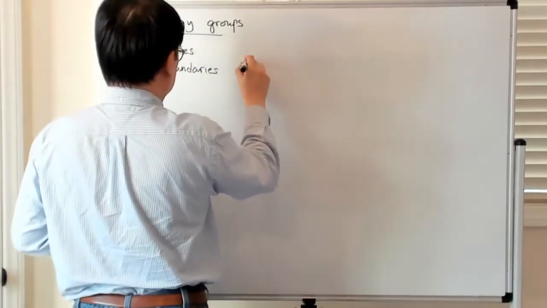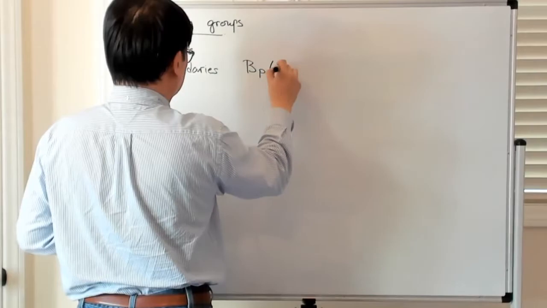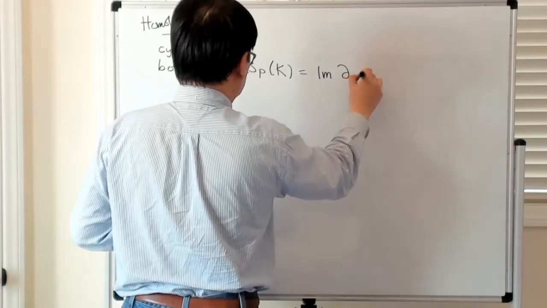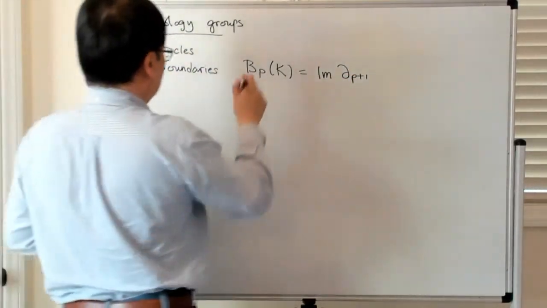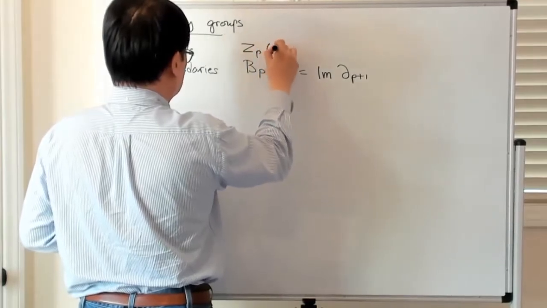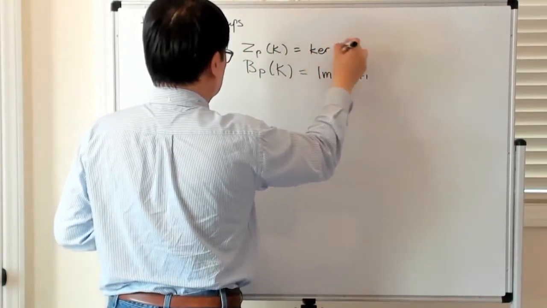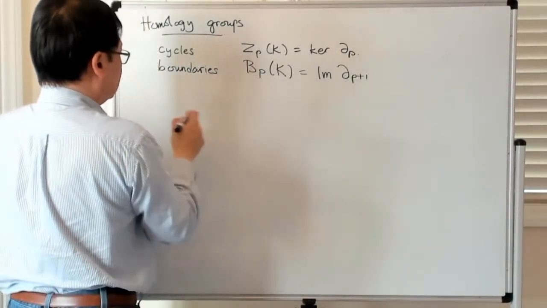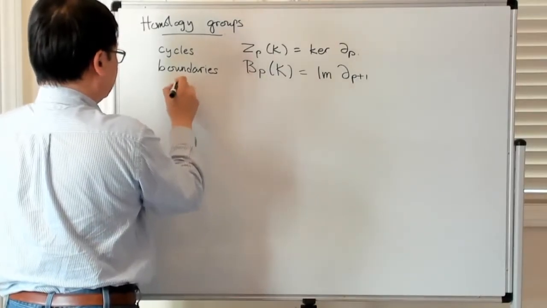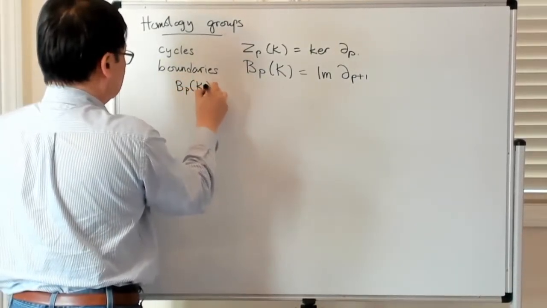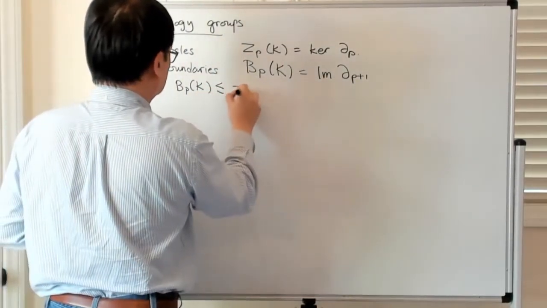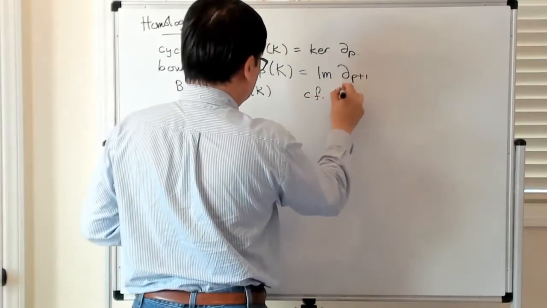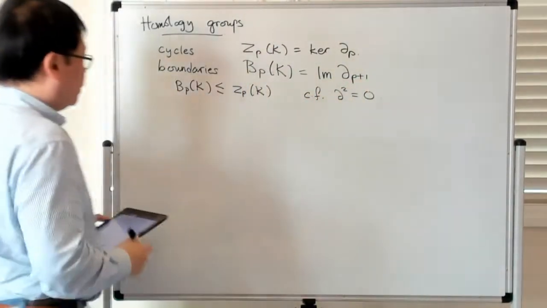Denote the boundaries by B_P of K, the image of the P plus 1 boundary operator, and the cycles are Z_P of K, which are the kernel of the boundary operator. And we know that the boundaries are a subgroup of the cycles. This comes from the fact that the boundary squared is the zero operator.